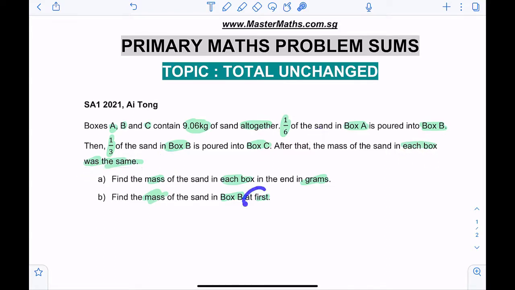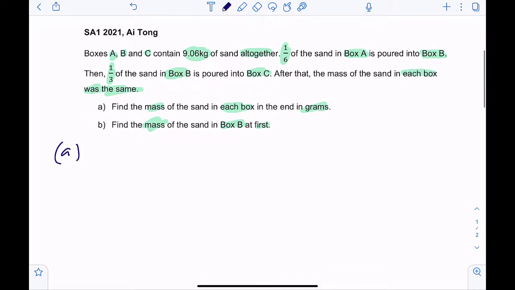Now for part A, it is relatively simple because we know that in the end they all have the same mass. So we will draw the same model for each of the boxes.